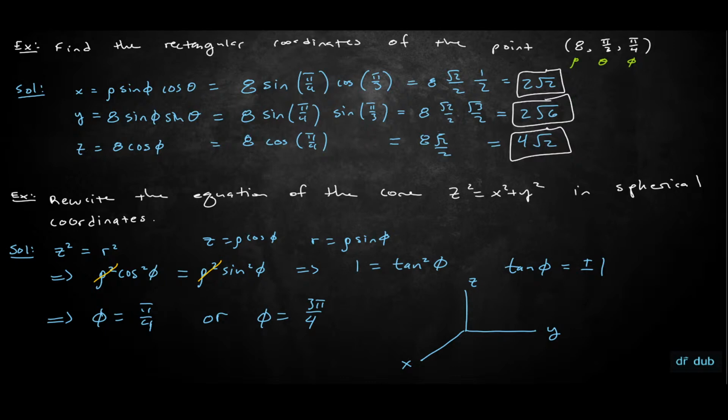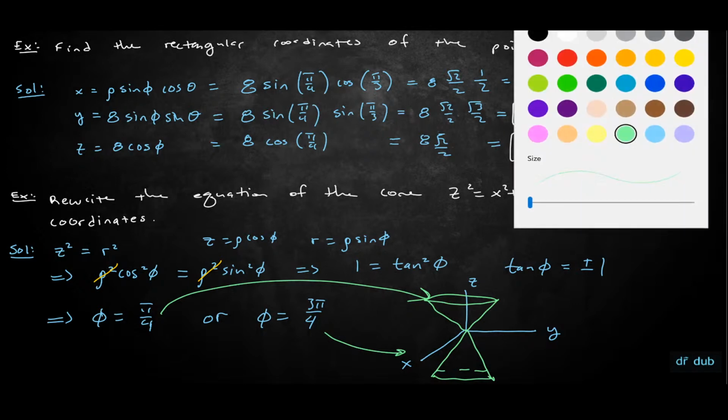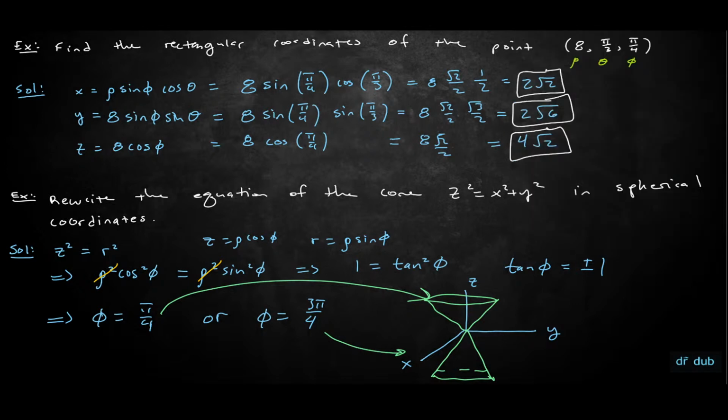So pi over 4 is this angle here, and then regardless of my radius and regardless of the theta value, I get the upper half of the cone. And then the lower half of the cone is 3 pi over 4. So this angle here is pi over 4, and then this angle here is 3 pi over 4.